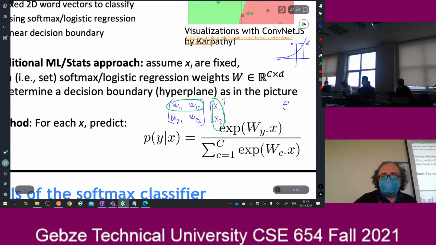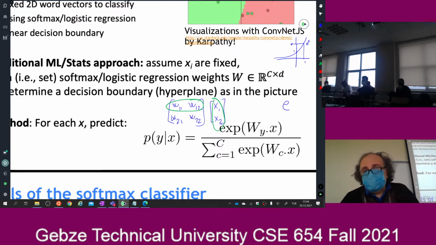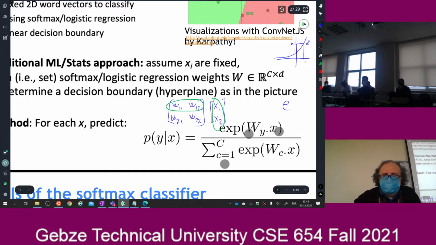So this is definitely a number between 0 and 1. Why is this a number between 0 and 1? It doesn't matter what your x is. This is definitely between 0 and 1. It cannot be less than 0. Why? Because both of them are e to the power something, and e to the power something is always positive. But I am saying that it cannot be larger than 1.0.